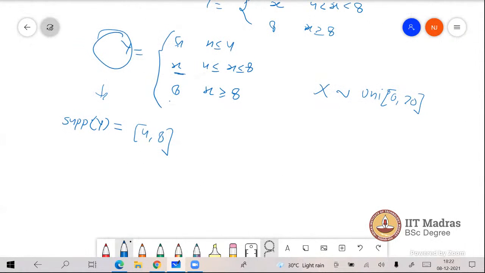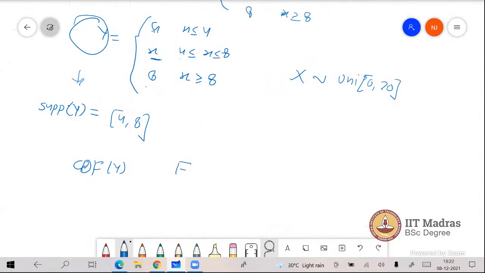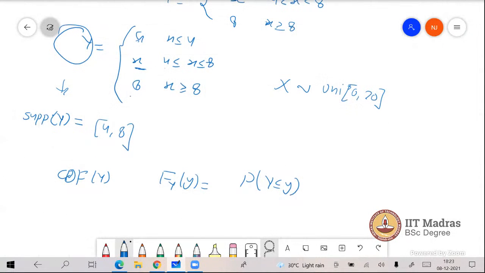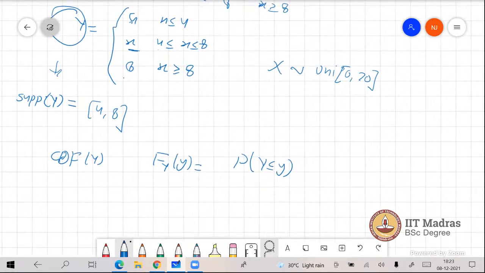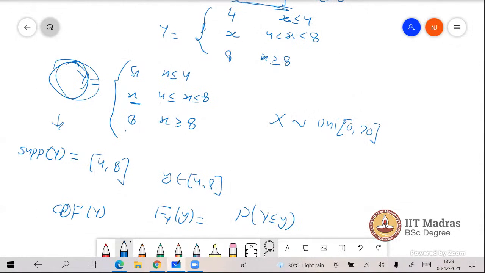Now, how will you find the CDF of Y? Let's say F of y is the CDF of Y, which means the probability that Y is less than or equal to y, right? Yes, sir. So y can be within 4 to 8. This is your support. Look at the function Y: it is changing behavior at 4 and at 8.